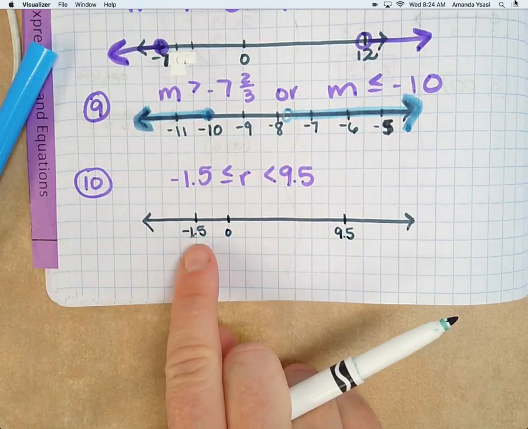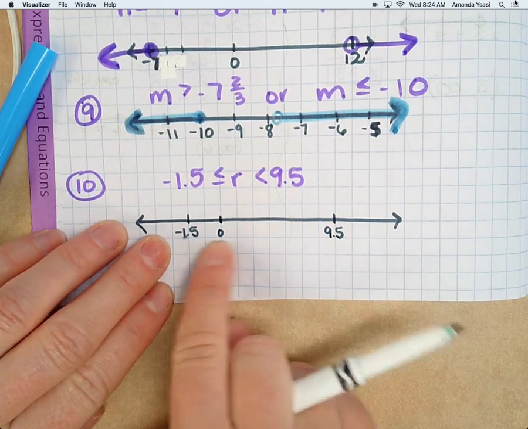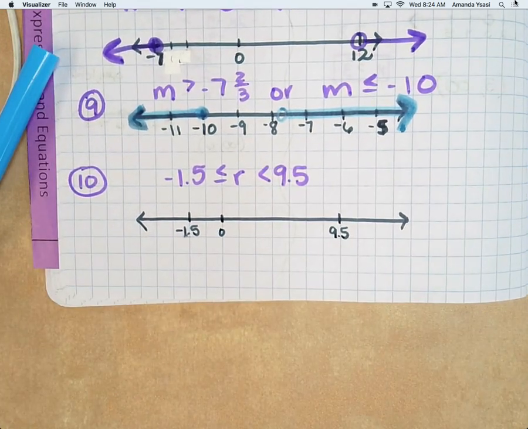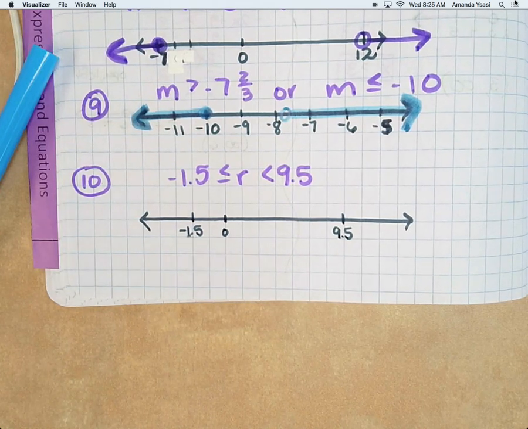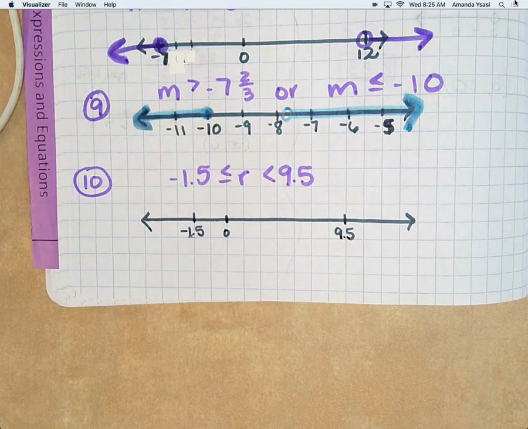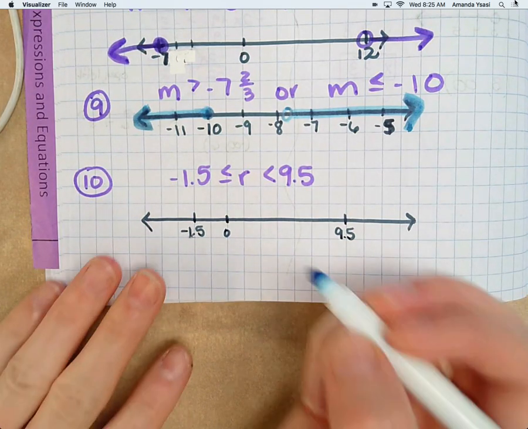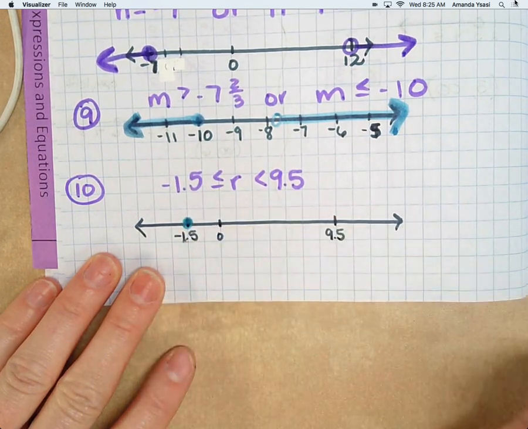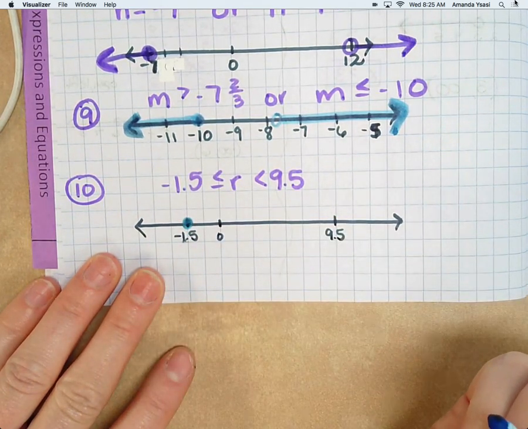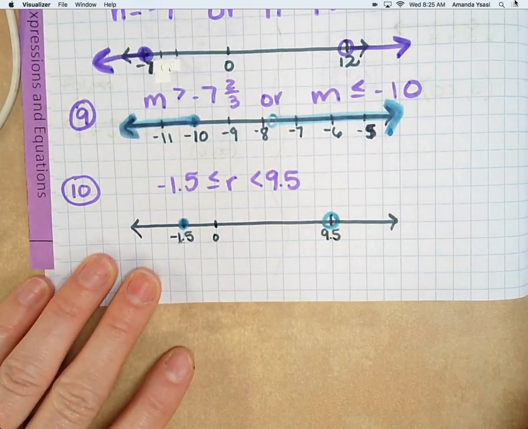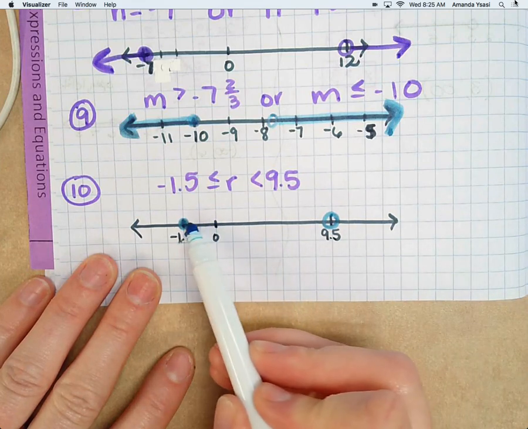Just make it where it's proportionate. So that's a small amount, but this is a bigger amount between 0 and 9.5. So it's everything between the two. So this is the or equal to. So we're going to do a closed circle on negative 1.5 and an open circle on 9.5. And it's everything between.